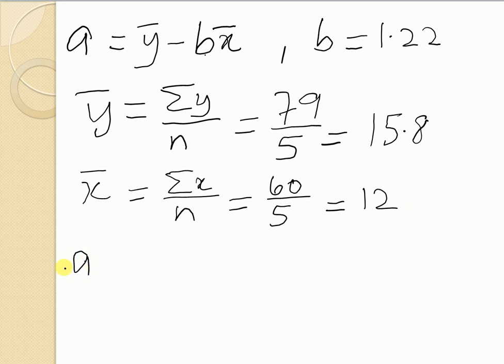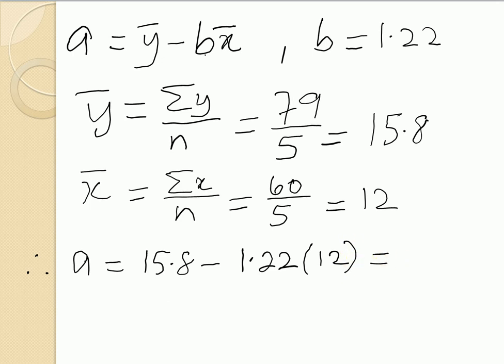Therefore, A equals 15.8 minus 1.22 multiplied by 12, which equals 1.16. Again, this is to 2 decimal places. And now that we have the values for A and B, we can write the equation of the least squares regression line.